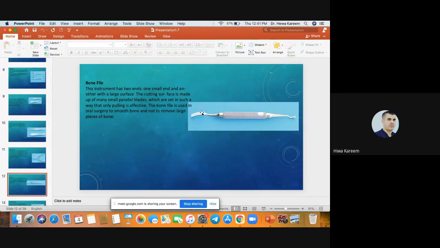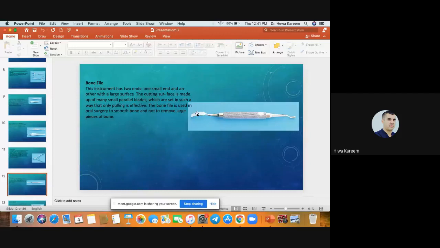The cutting surface is made up of many small parallel blades, which are set in such a way that only pulling is effective. The bone file is used in oral surgery for smoothing the bone and does not remove large pieces of bone.